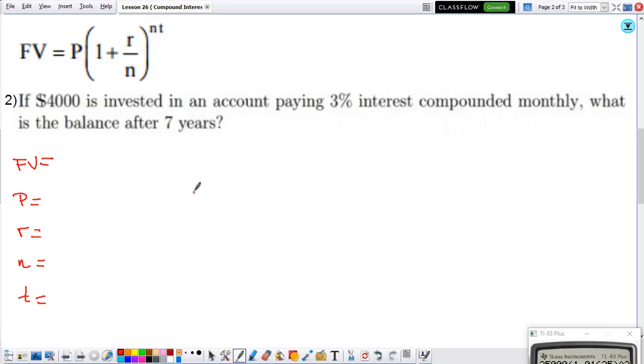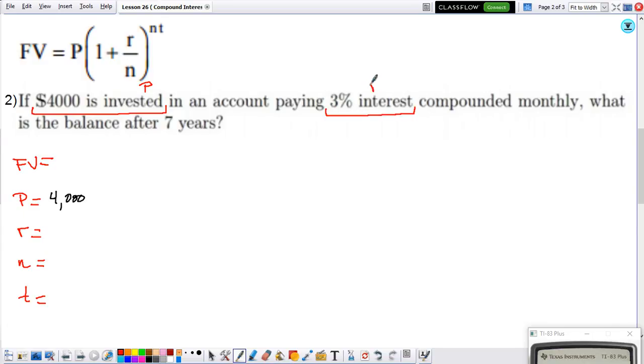It says right here, if 4,000 is invested, okay. So if 4,000 is invested, this is how much money you start with. So this is your principal. So that means that P is equal to 4,000. Let's continue reading. In an account paying 3% interest.